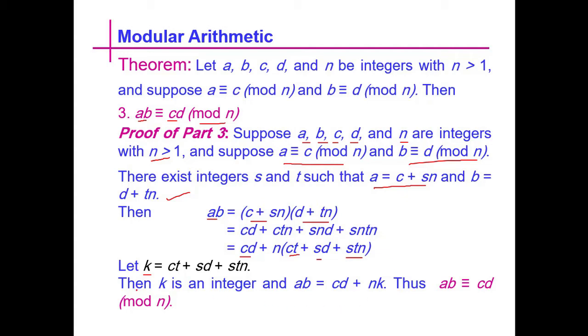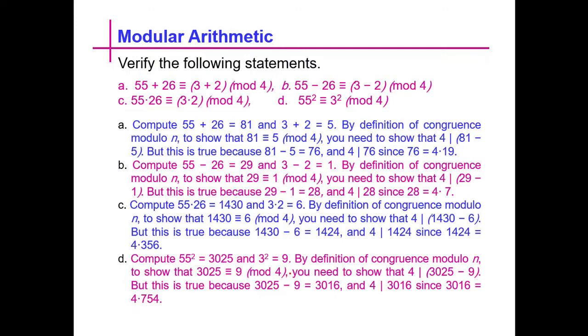So now we have k as an integer and we have ab is equal to cd plus n times k, and from here we can say that ab is congruent to cd mod n. So now we verify the following statements using the above properties.